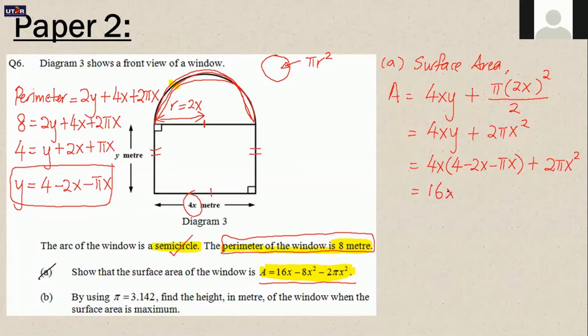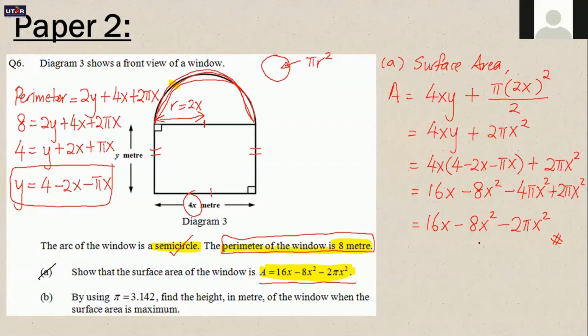We have 16x minus 8x squared minus 4 pi x squared plus 2 pi x squared. So negative 4 pi x squared plus 2 pi x squared, and that's why you have the given result. This is the answer for part A: you show the surface area of the window is the given one.